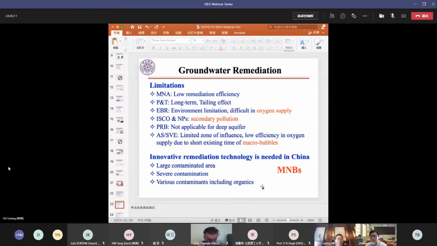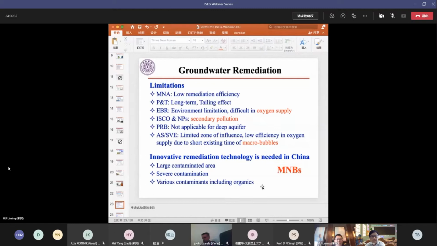For pump and treat, it's a long-term remediation process, and it has the tailing effect. For bioremediation, we need to improve the site environment, and for chemical reactions, it always causes secondary pollution. It's not good.